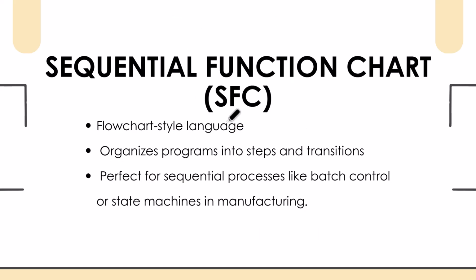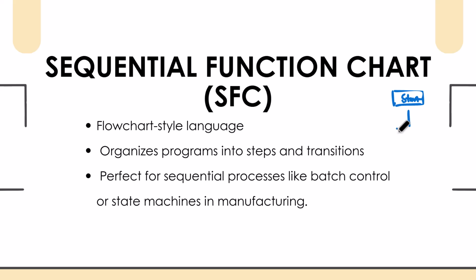Sequential Function Chart. This is also a flowchart style language. It is a graphical language, not low level, not high level, but still it is used for the programming of PLCs and in specific processes like batch control or state machine manufacturing, and it organizes the code into various steps and transitions. For example, we start our code from this point.